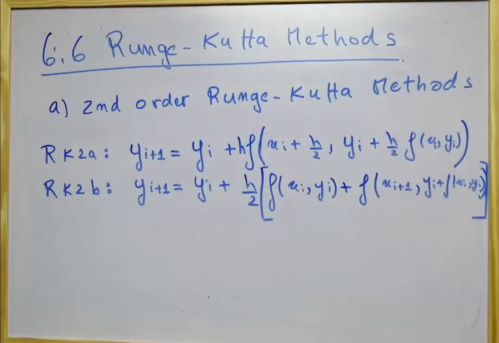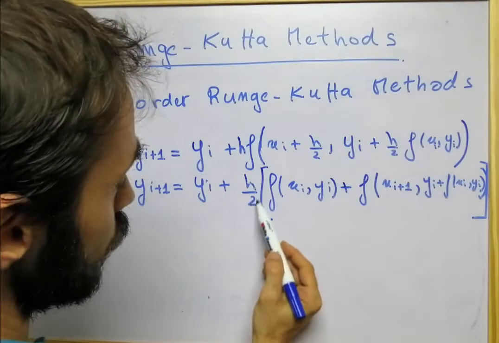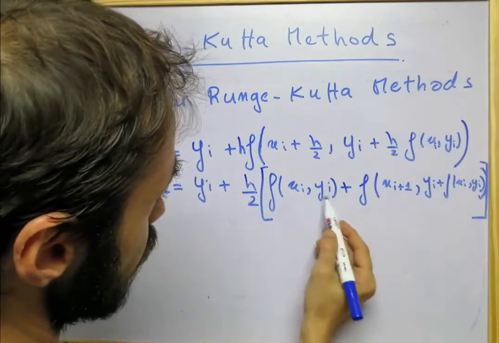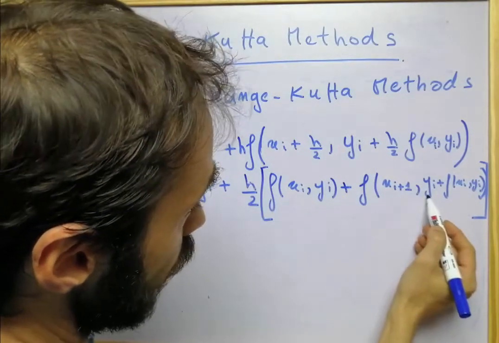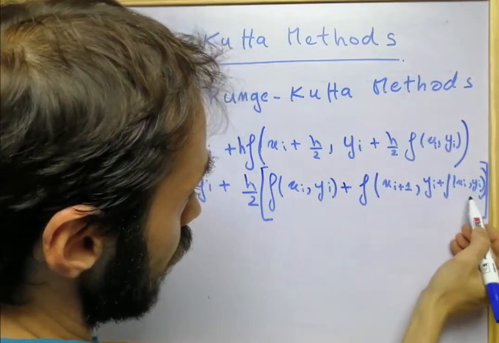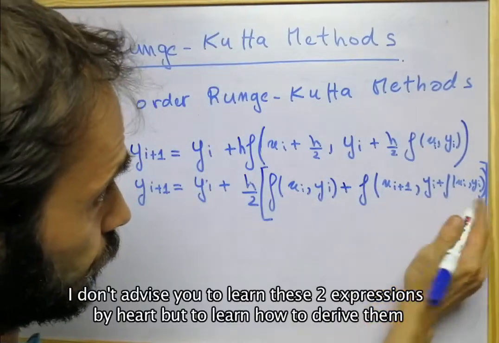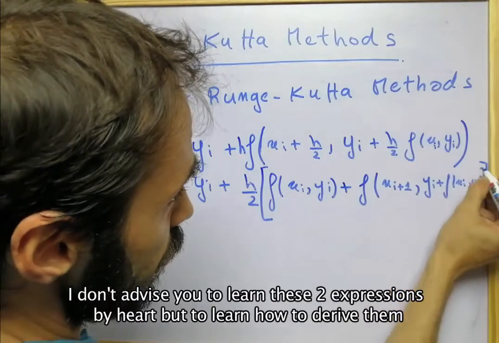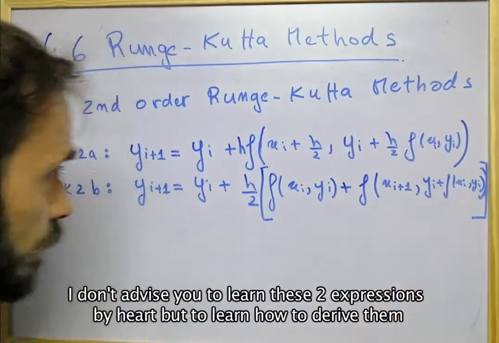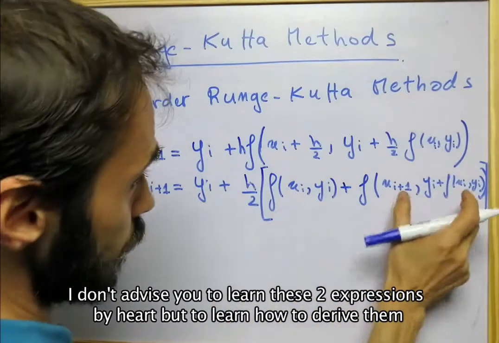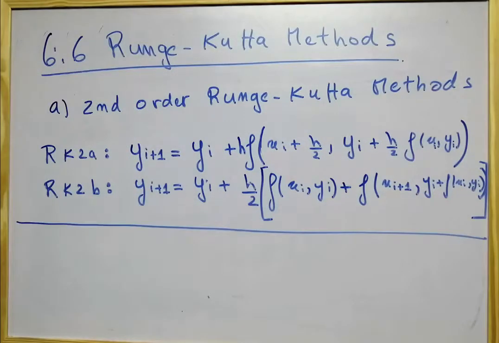Okay, so it's y i plus h over 2 multiplied by f of x i, y i plus f of x i plus h, y i plus h f of x i, y i. Here the parenthesis is in front of all of this term, so it's f of all of this, because f is a function of two variables. And you will see how these two methods are derived.